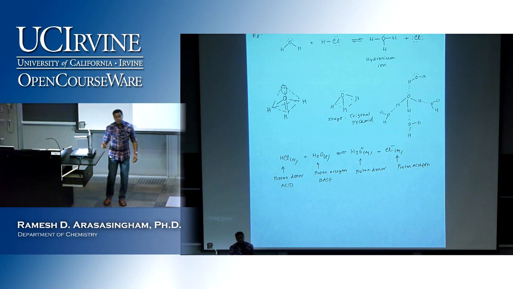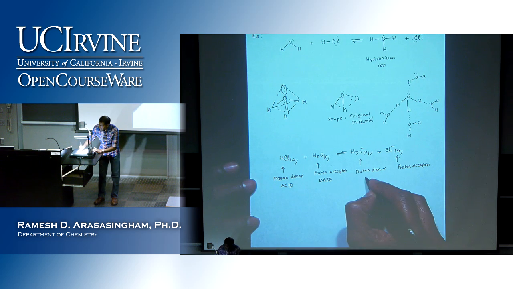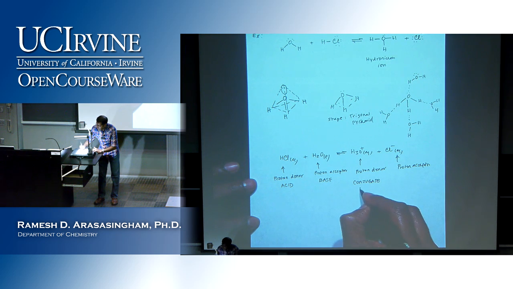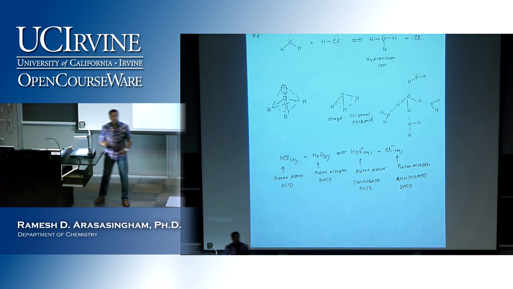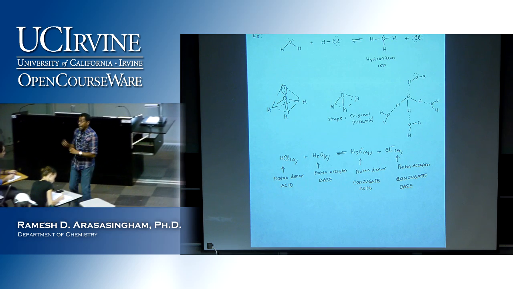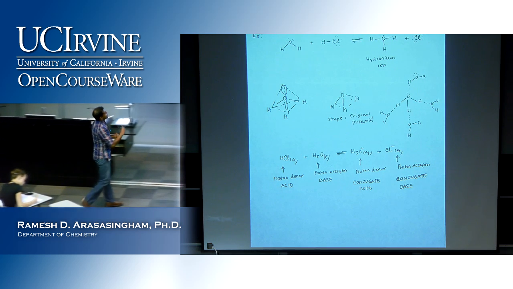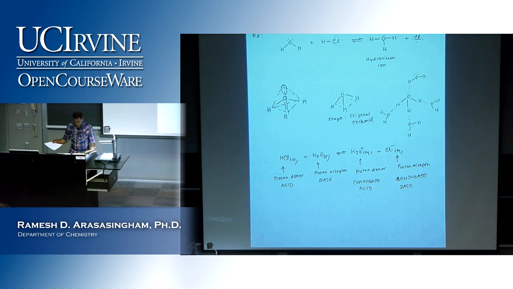Now, since for the forward reaction the term acid is already taken, we call this the conjugate acid, and we call this the conjugate base. All right, so for the reverse reaction, we call the acid the conjugate acid, and the Cl minus for the reverse reaction is called the conjugate base.